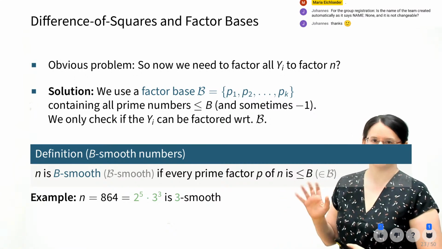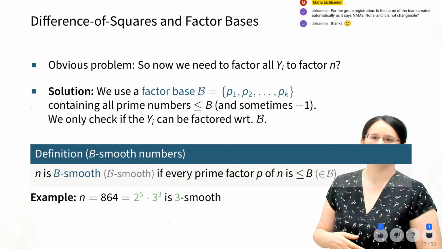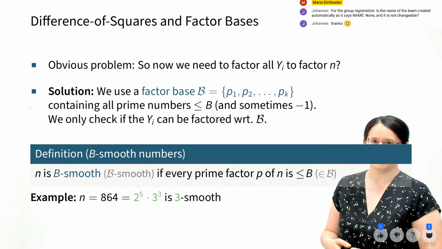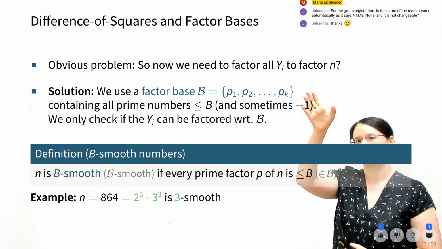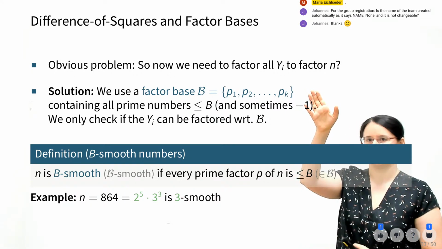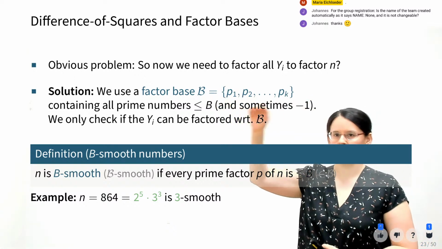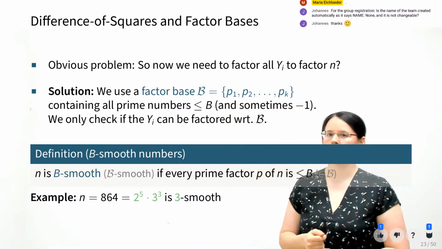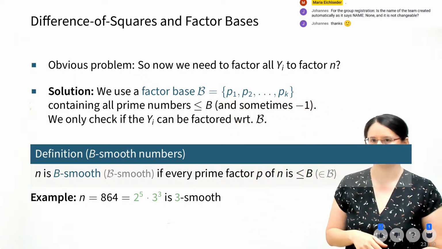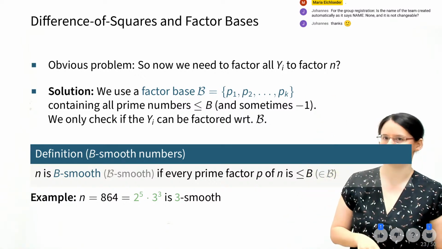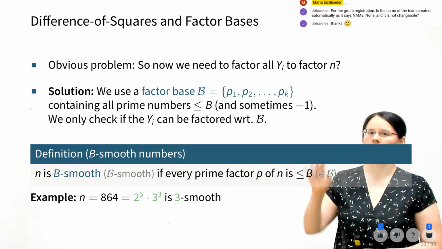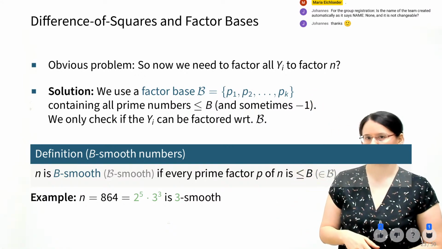So what we can do, and what we do in all of the following cases, to factor the number y, we only test whether it's factorizable modulo a so-called factor base, which is a set of prime numbers. And if all of the prime factors of our y are in this factor base, we say that the number is smooth with respect to this factor base, because it can be factored using only these prime factors.